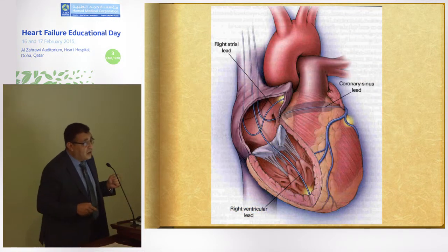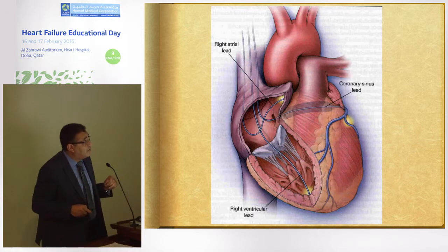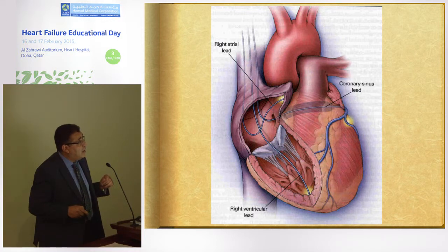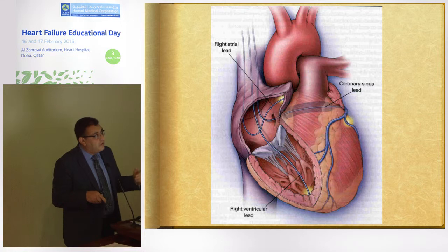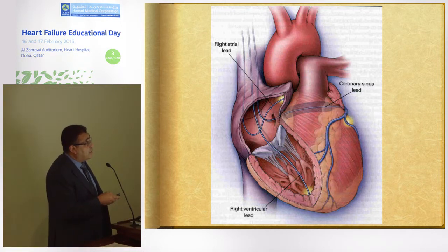This is a cartoon showing where those leads sit: the atrium, the RV apex or septum, and the 3rd lead in the coronary sinus, which we like to be in the posterior or lateral part of the left ventricle.